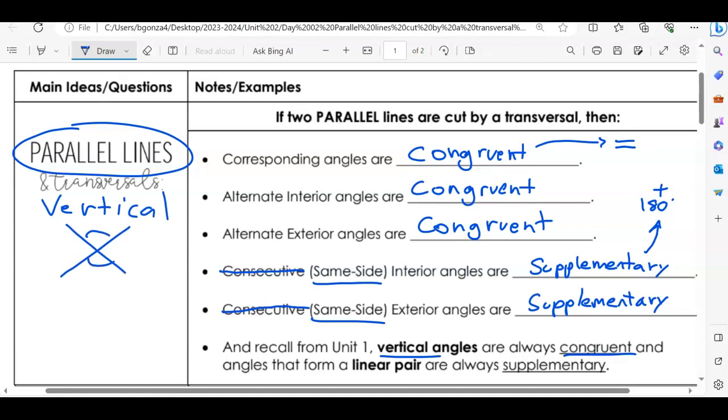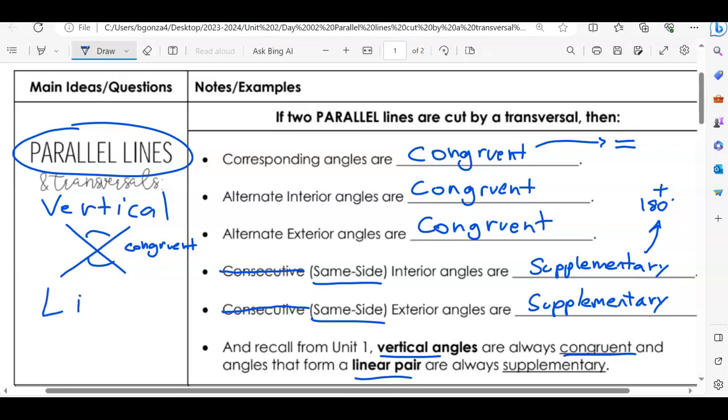Do you remember that vertical means they're across from each other? And if they're across from each other, they're going to be congruent. Okay? Vertical angles, congruent.